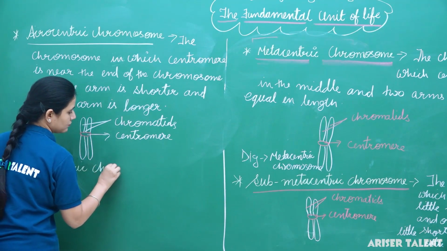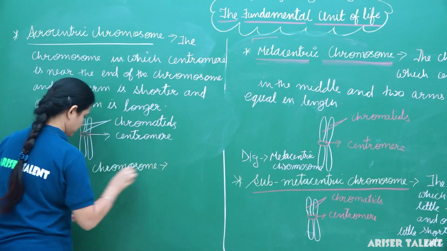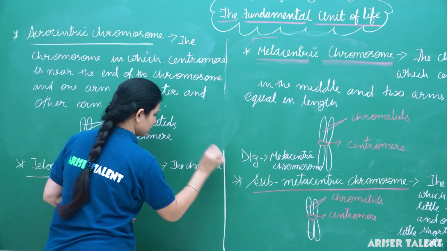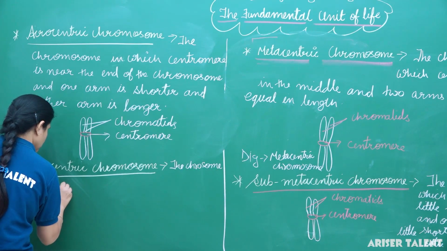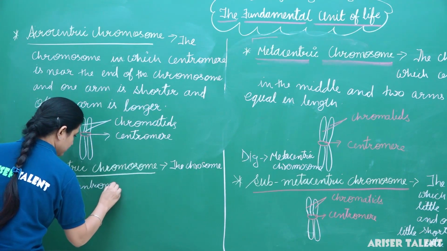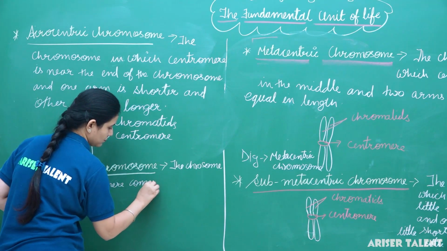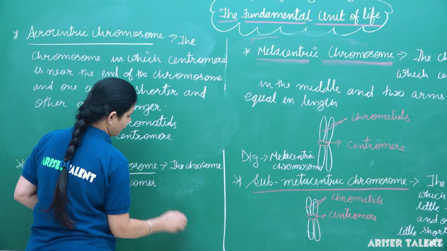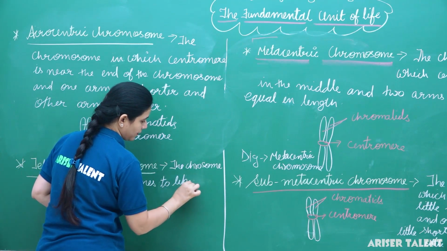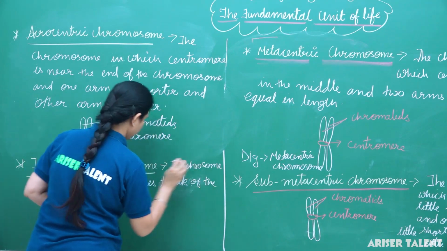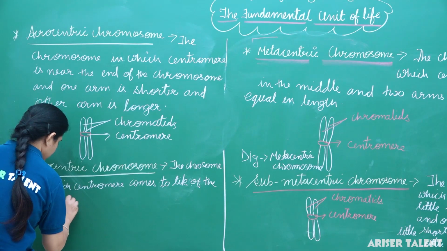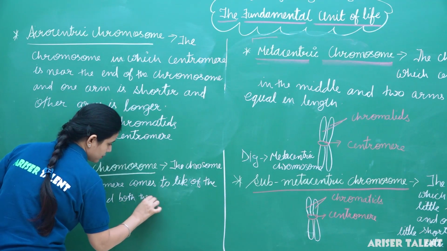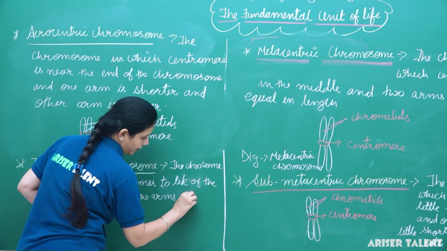Telocentric chromosome. The chromosome in which the centromere comes to the end, or we can say comes to the tip of the chromosome, and both the arms shifted to one side.